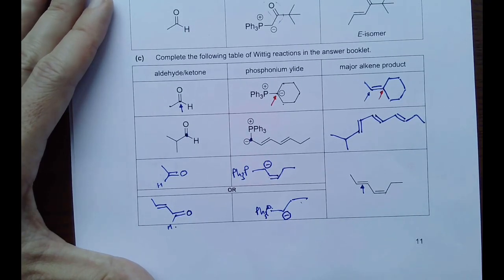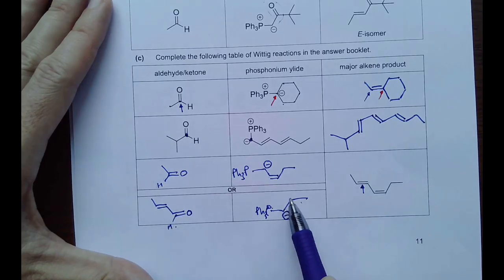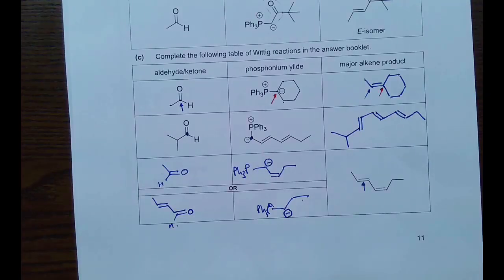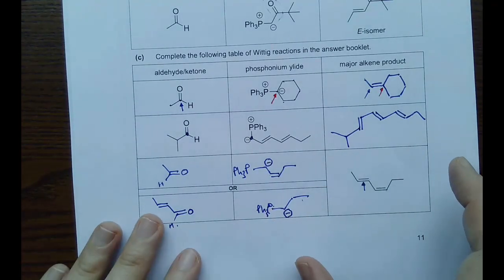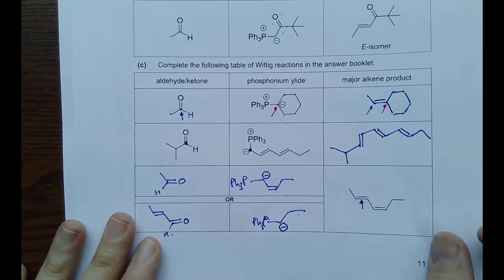Okay, so let's just double check. 1, 2, 3, 4, 5, 6, 7. 1, 2, 3, 4, 5, 6, 7. It all adds up. Okay, so that was basically all the training.